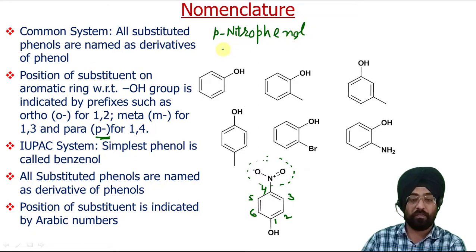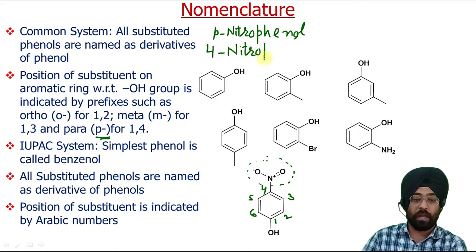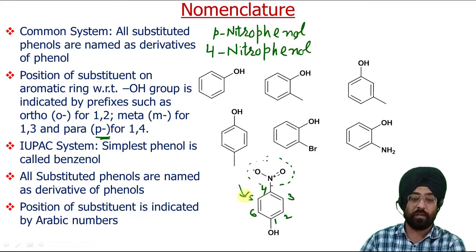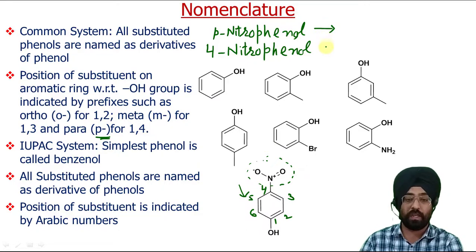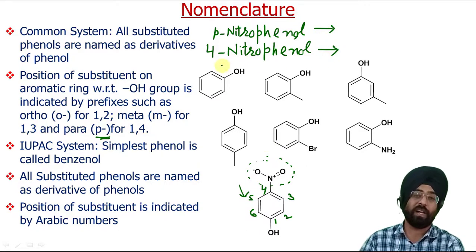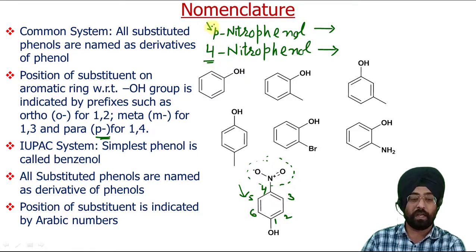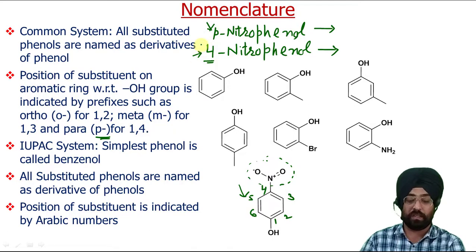Its IUPAC name will be 4 nitrophenol. So the name of this compound, this is its common name, this is its IUPAC name. So almost it is similar, the only difference is how to indicate their position. Here we use ortho, meta and para, and here we use Arabic numbers. So all other things are almost same.